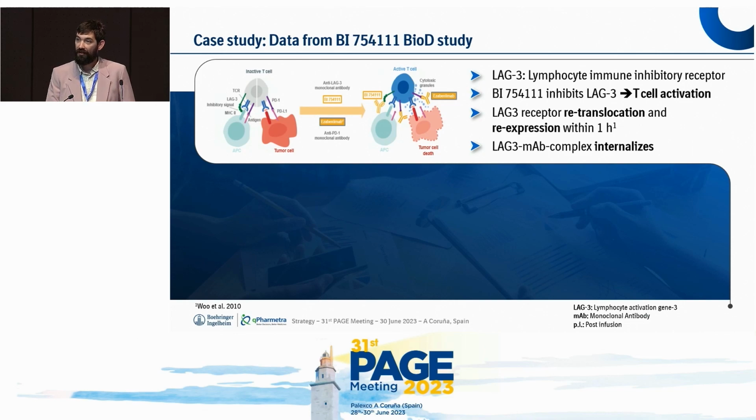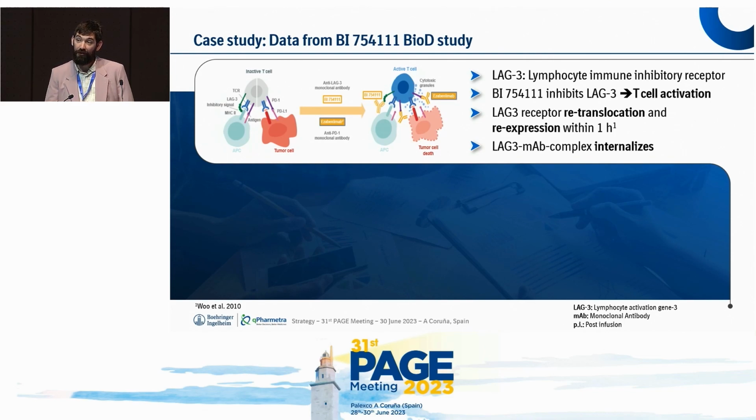LAG3, or lymphocyte immune inhibitory receptor, is a receptor expressed on T cells, which in normal life inhibits the immune response, and in this way allows tumors to escape attack by T cells. So if we inhibit this receptor, we can reactivate T cells, and in this way try to reduce tumor growth or even go towards tumor shrinkage.